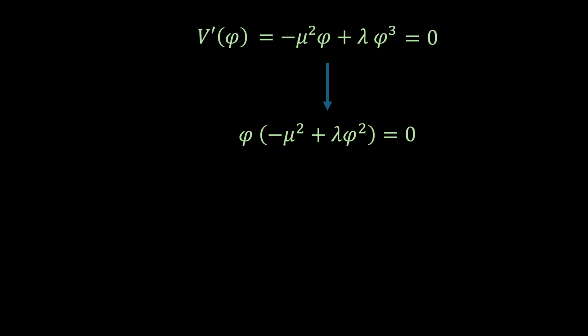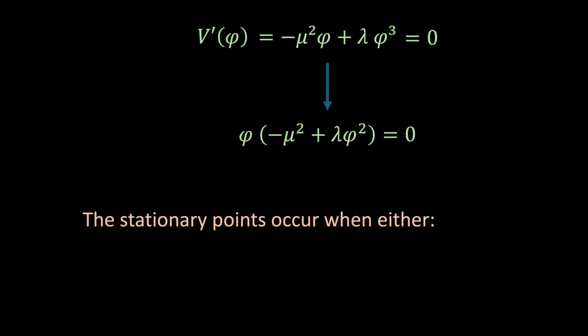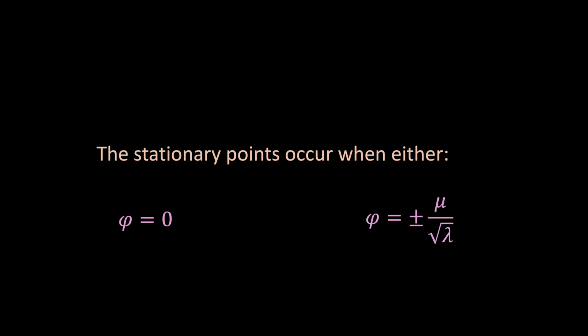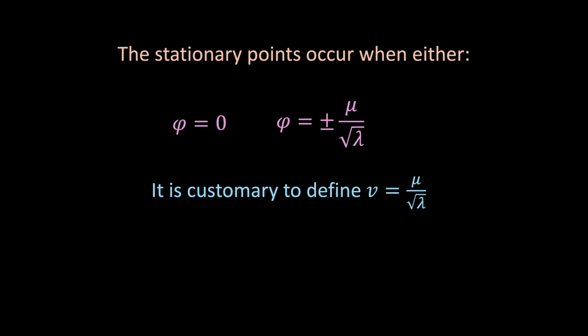If we then factorize this expression, we see that the stationary points occur when either phi equals 0 or when the term inside the bracket equals 0, which corresponds to when phi squared equals mu squared over lambda, which implies that there are stationary points at phi equals plus or minus mu divided by the square root of lambda. Now, it is customary to define v equals mu over the square root of lambda, in which case our stationary points occur at phi equals 0 and at phi equals plus or minus v.